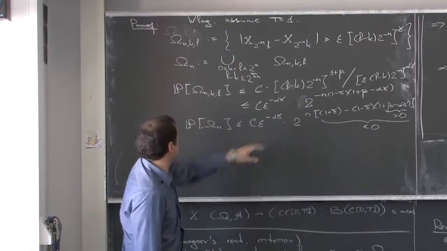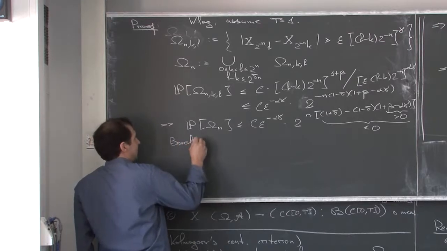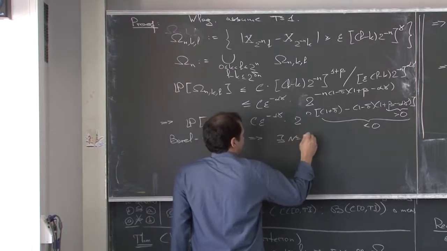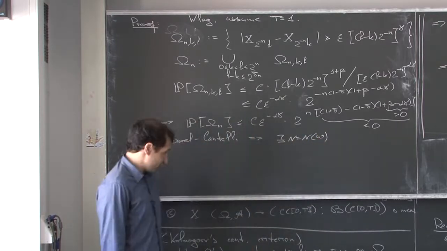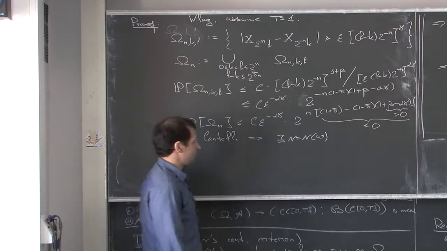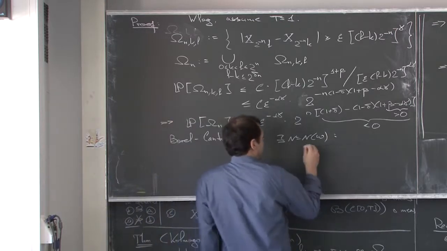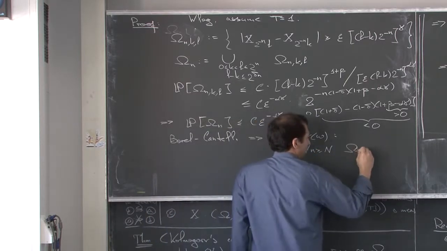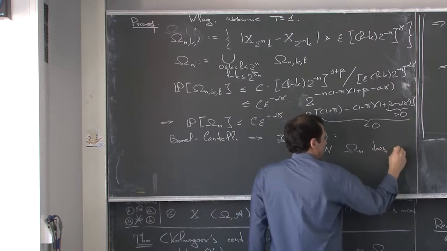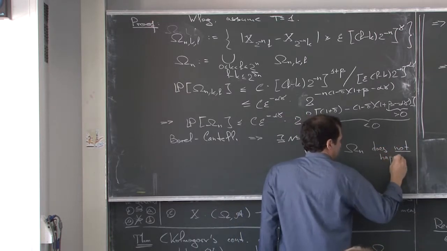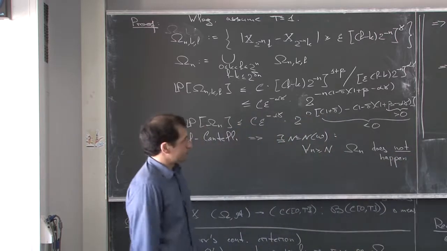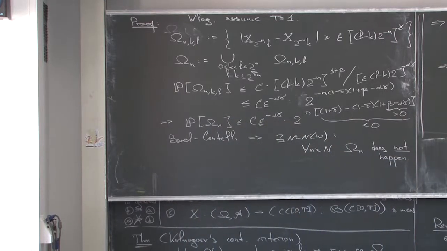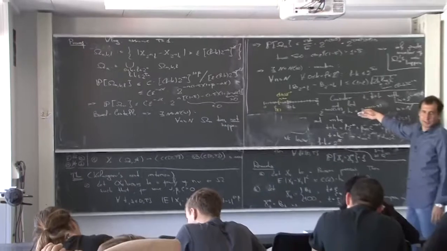And if I do so, then again I apply Borel-Cantelli. And what I see is that there is some level, which is random, which depends on the sample, such that for any greater n, this does not happen. And then basically I conclude exactly in the same way as it's kept here.